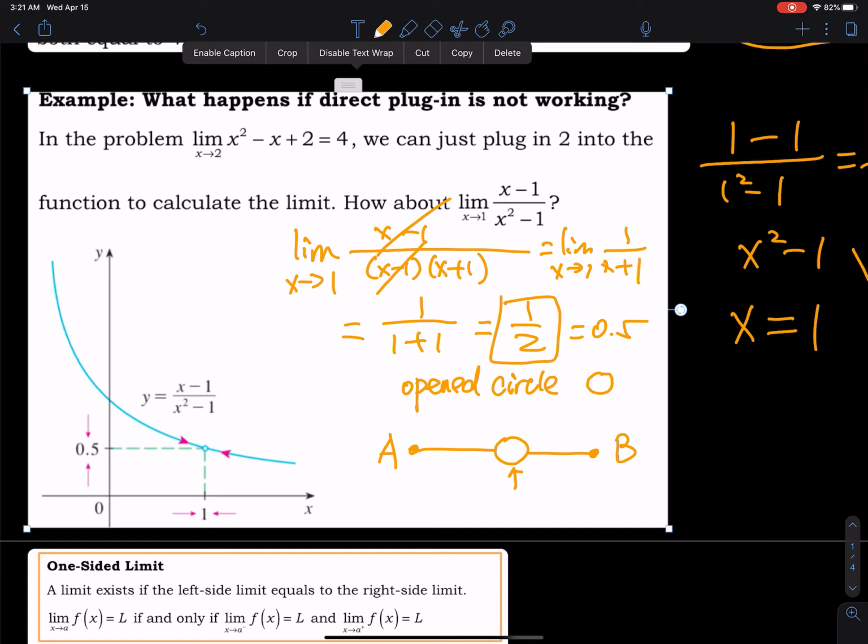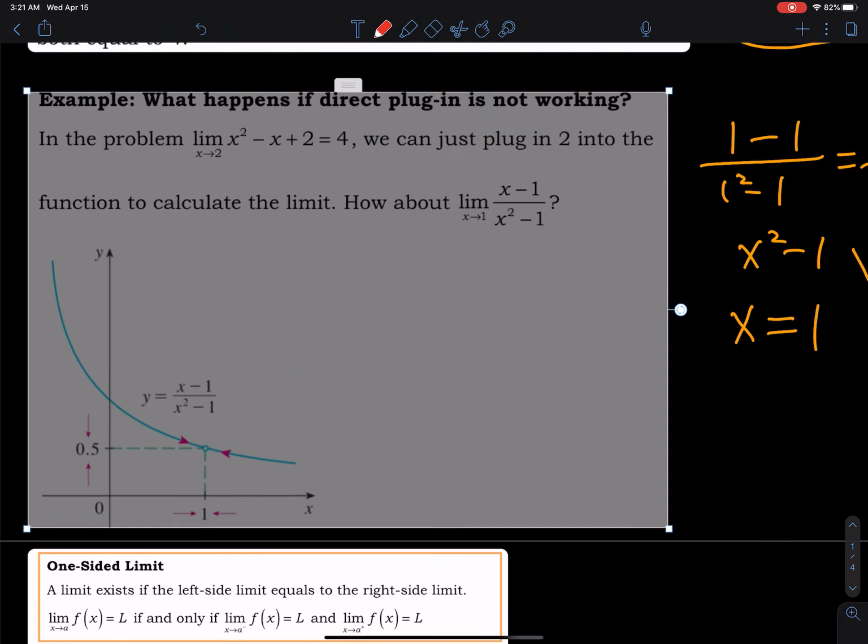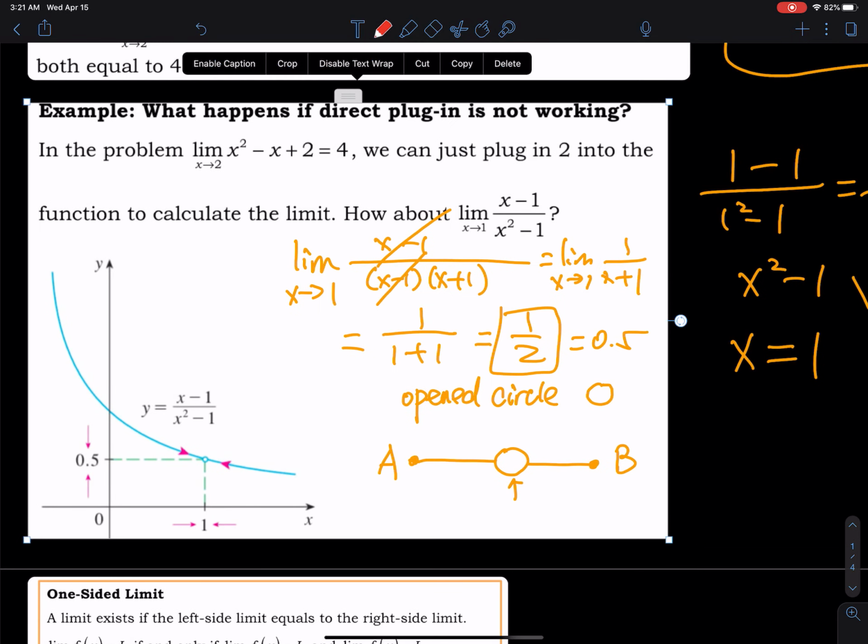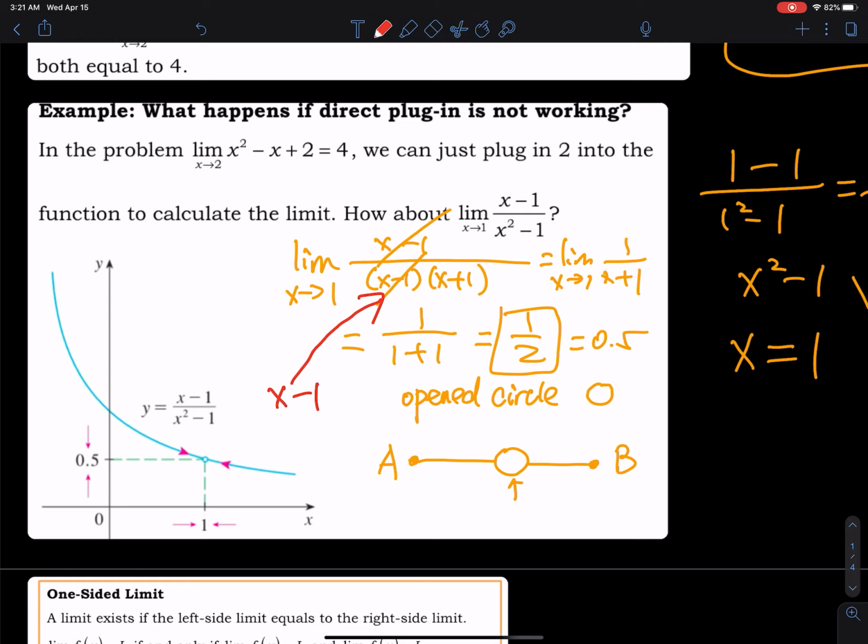Same idea in here. We have x minus 1. So if you look at the factor, this x minus 1 is the biggest enemy, right? It's our biggest enemy because once I plug in 1, everything is not working due to the x minus 1. However, we are able to do the algebra to remove the x minus 1.